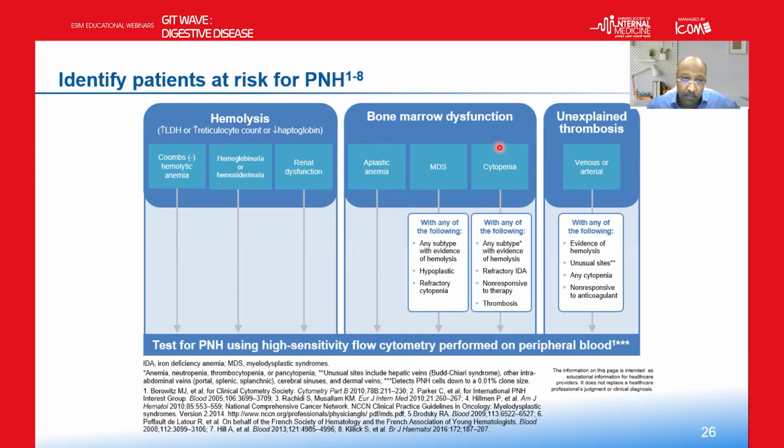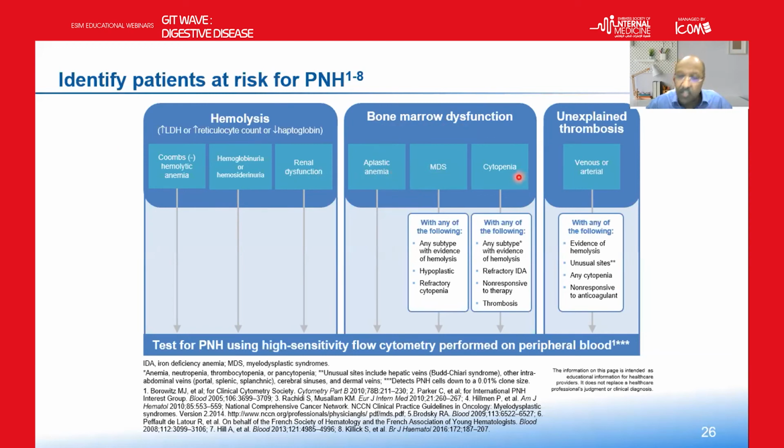For example, patients who have unexplained hemolysis as evident by high LDH, high reticulocyte count, or low haptoglobin, particularly Coombs negative hemolytic anemia, patients who have unexplained hemoglobinuria, patients who have unexplained renal dysfunction. For us hematologists, patients who have bone marrow dysfunction, such as aplastic anemia, MDS, or unexplained cytopenia.